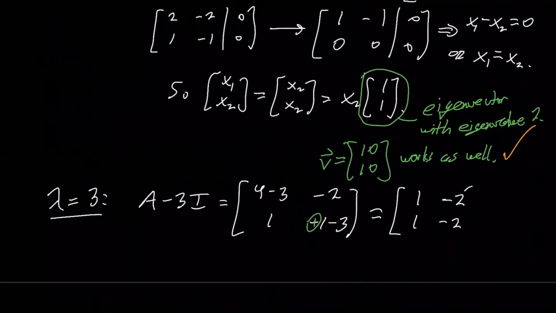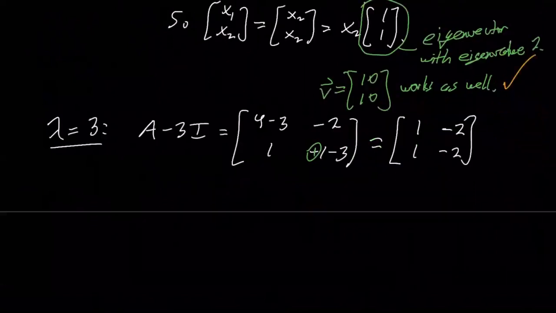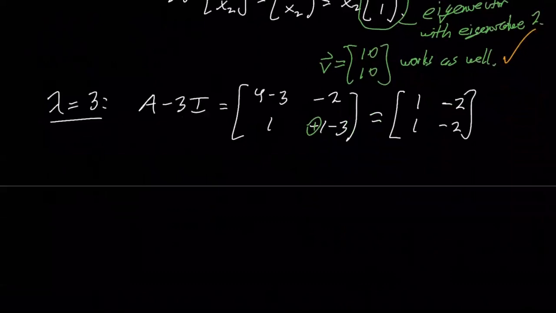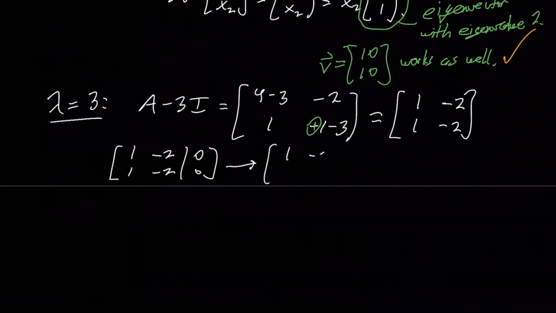So minus 2. And again, this also is a matrix that very clearly has non-trivial homogeneous solutions, the columns or rows are linearly dependent, so it's going to have just one pivot. And so when we row reduce this, well, that's kind of silly. We just get the first row.